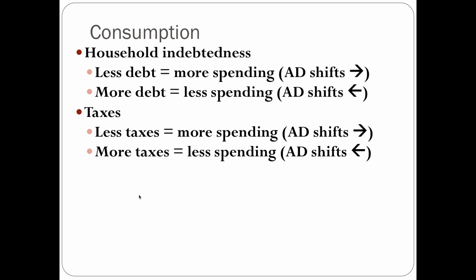But taxes that are going to affect spending are going to change aggregate demand. So once again, household indebtedness and taxes are also a couple of the determinants of consumption and saving. And all of those are sub-determinants, if you will, and those are going to affect the amount of consumption in the economy, and the amount of consumption in the economy is going to affect aggregate demand.